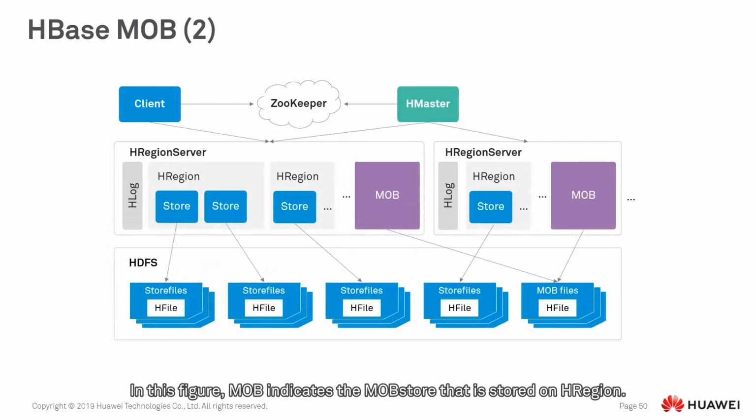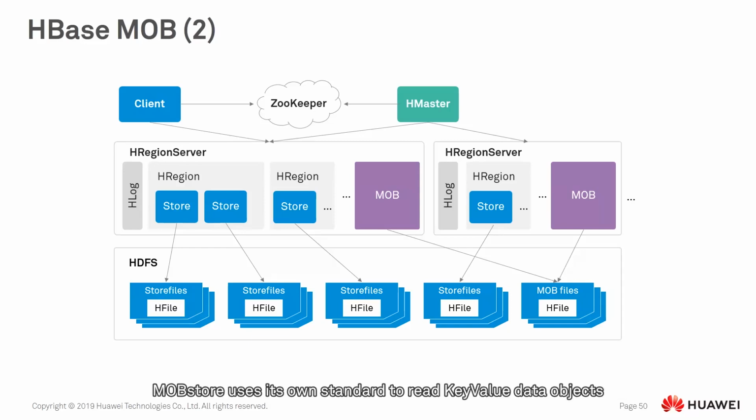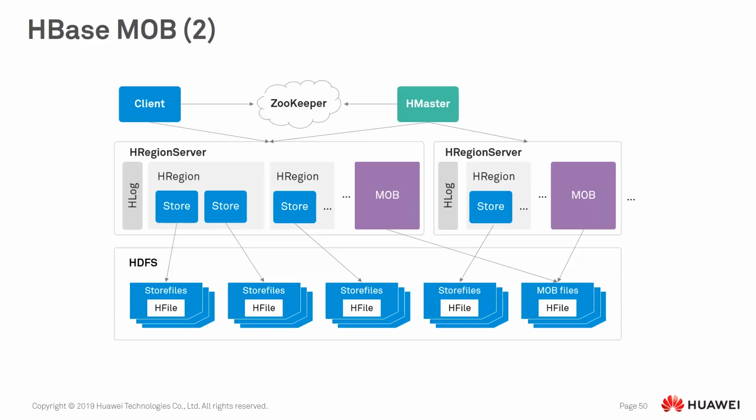In this figure, MOB indicates the mob store that is stored on H region. Mob store stores keys and values. When reading data, mob store uses its own scanner to read key value data objects and uses the address and data size information in the value to obtain target data from the file system.